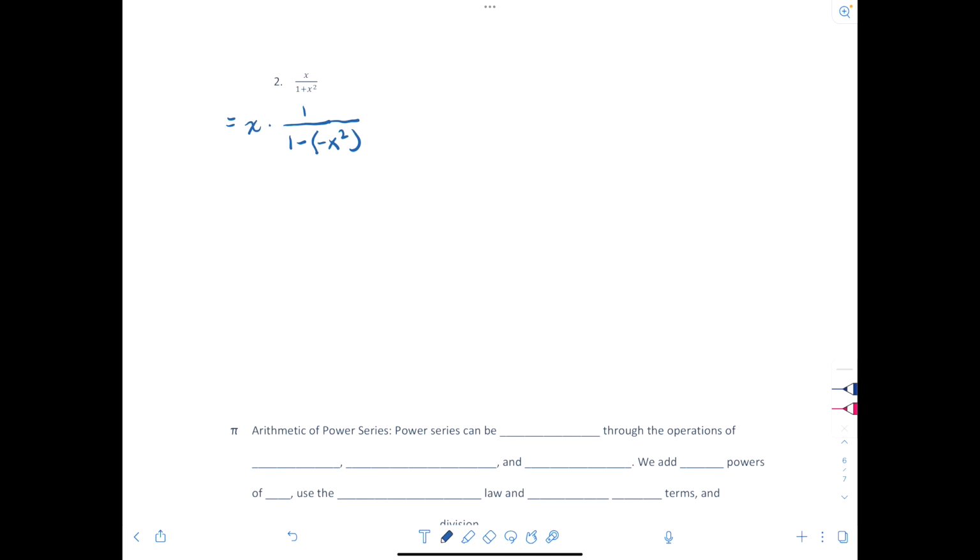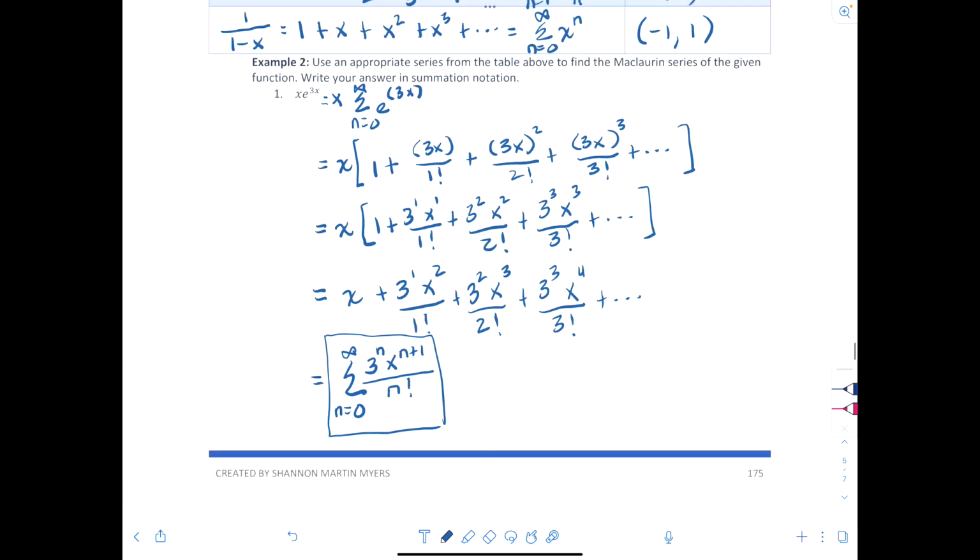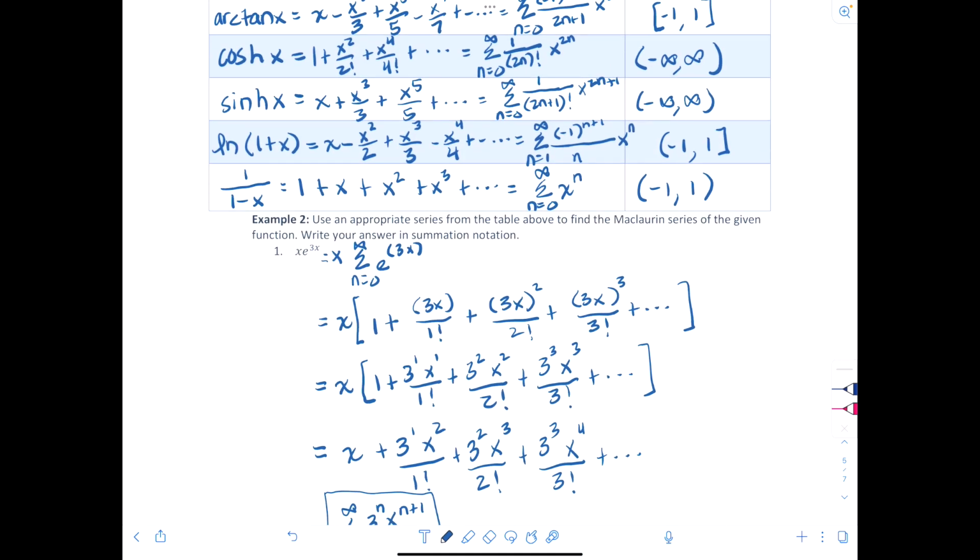And do you see that's equivalent to 1 plus x squared? So this will be equal to x times the summation as n goes from 0 to infinity. We did this 1 over 1 minus x one here. Everywhere we see an x, we'll put in an x squared.